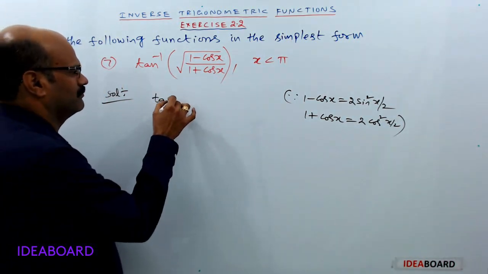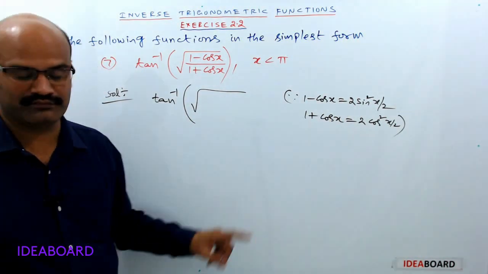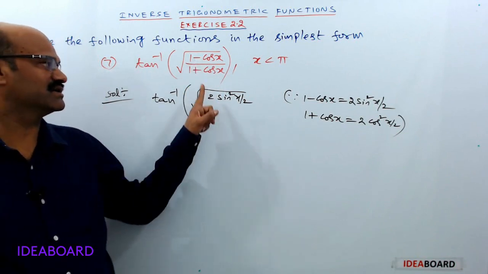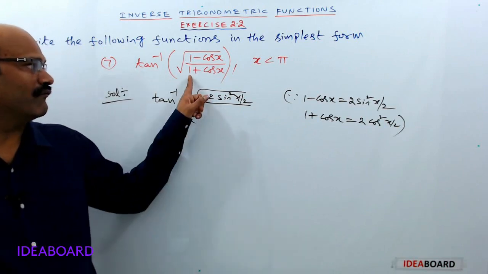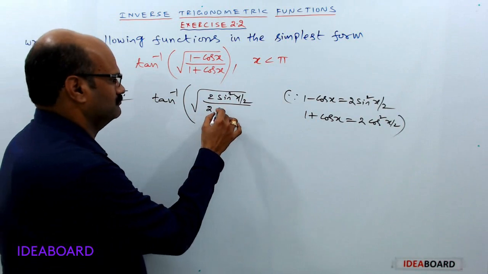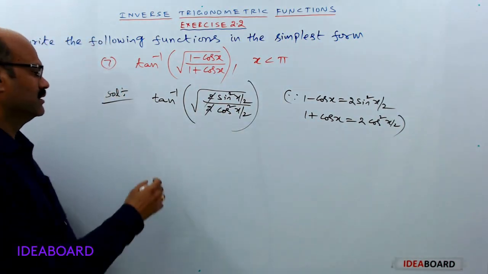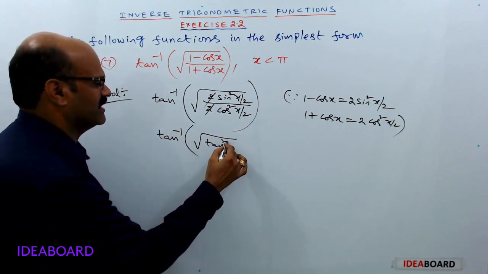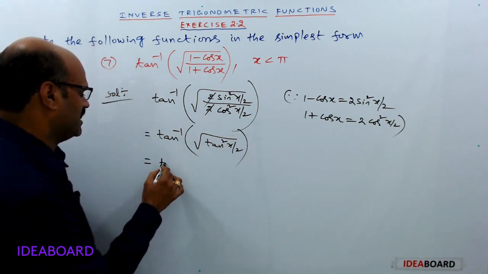Tan inverse of square root of 2 sin square x by 2, since 1 minus cos x equal to 2 sin square x by 2, upon 1 plus cos x equal to 2 cos square x by 2, then 2 cancel, equal to tan inverse of square root of tan square x by 2.